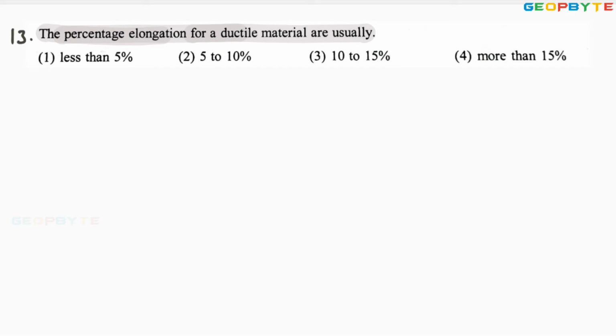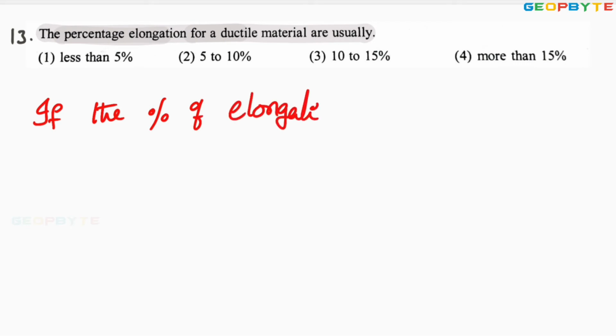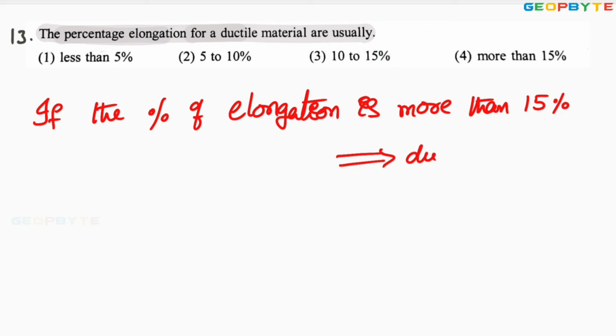Once again, let me write, if the percentage of elongation is more than 15%, it is called the ductile material. Otherwise it may be coming under a brittle material.